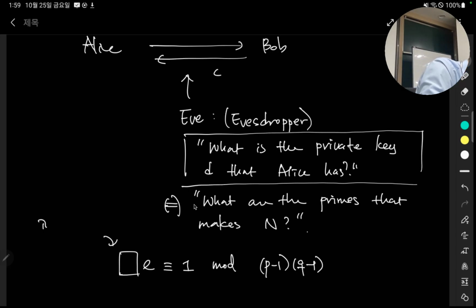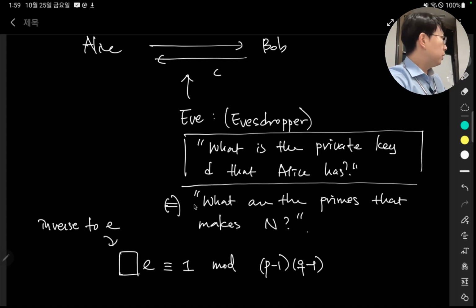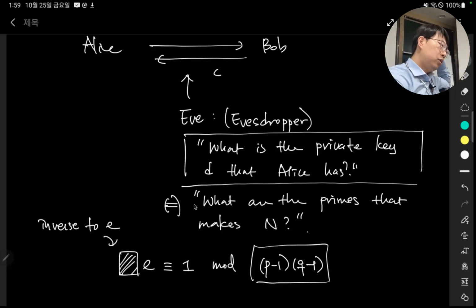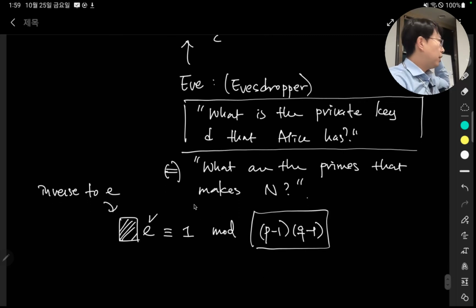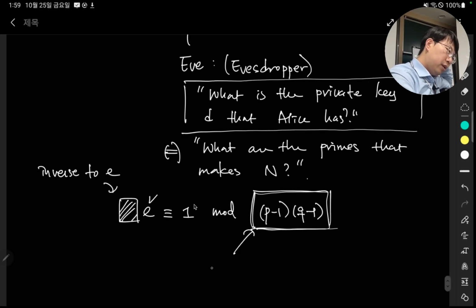So finding the number that goes into this box is easy when you have P minus 1 times Q minus 1, and E is already known. It's a simple calculation, so easy that you can just do it instantly. So this is what we want.